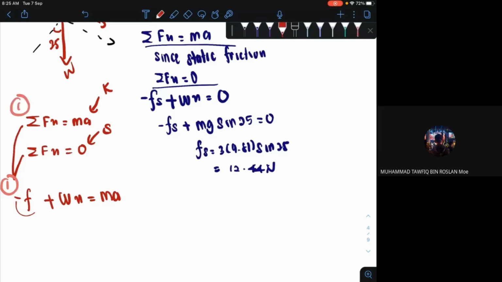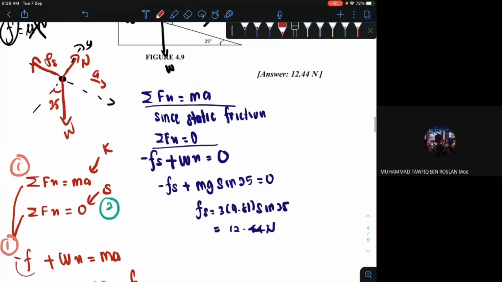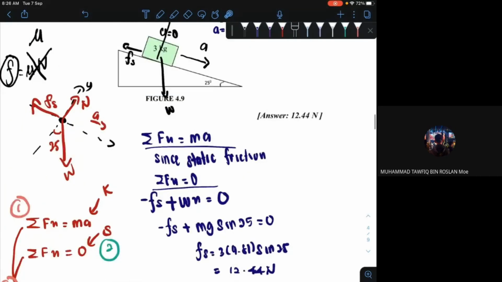Kamu akan ada, saya bawa friction ke kanan sebab nak positifkan dia. Wx tolak dengan ma sama dengan friction. Kalau kes kedua, ini kes kedua kita, apa yang akan jadi adalah kita tetap ada both the same forces along x ni, tak ada perubahan jenis force. Kita akan ada friction in the opposite direction to the motion dan juga akan ada wx dekat sini.